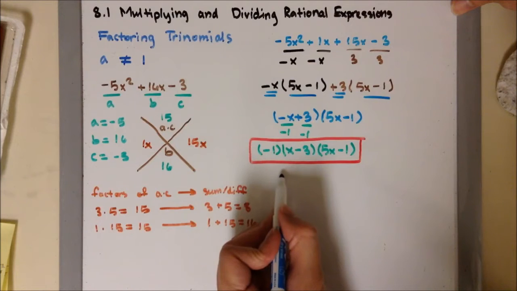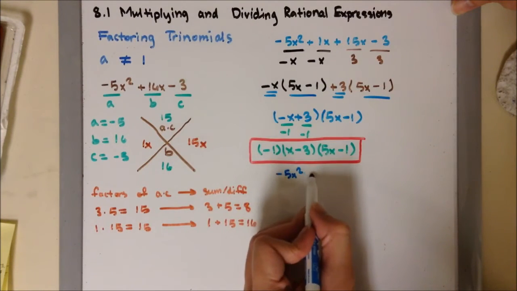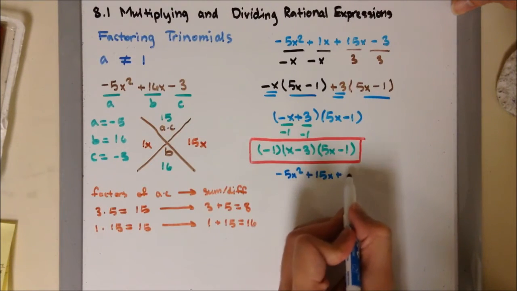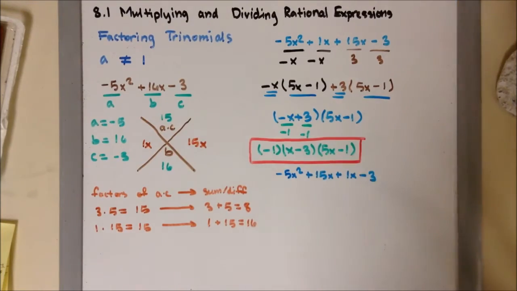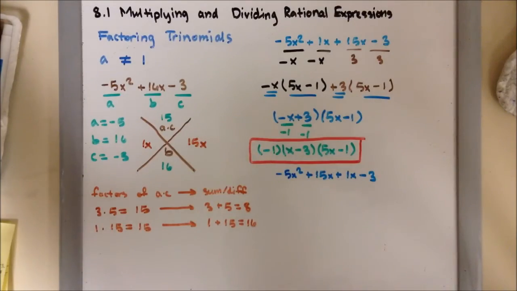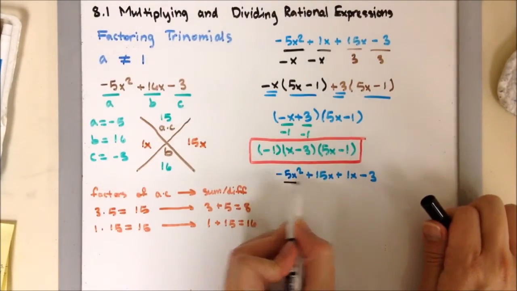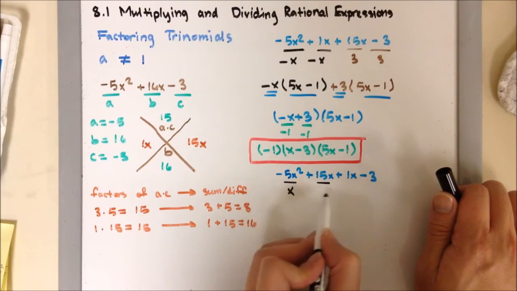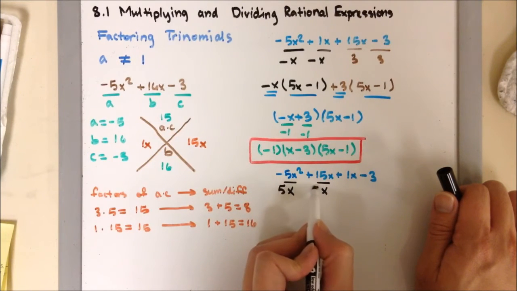My first term, negative 5x squared, and I'm going to put plus 15x, plus 1x, and then minus 3. Alright, factor by grouping. Let's take a look at the left side. So what's in common is the x, but also they're both divisible by 5.